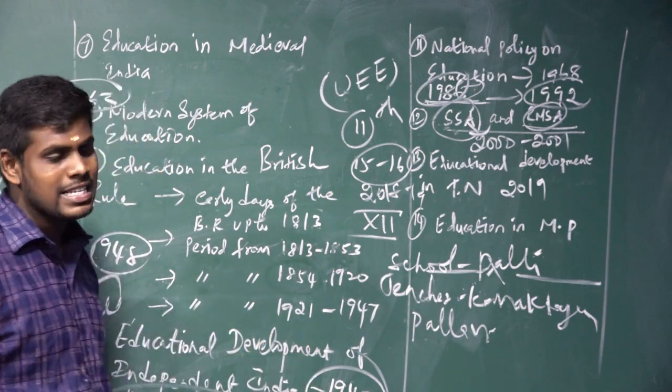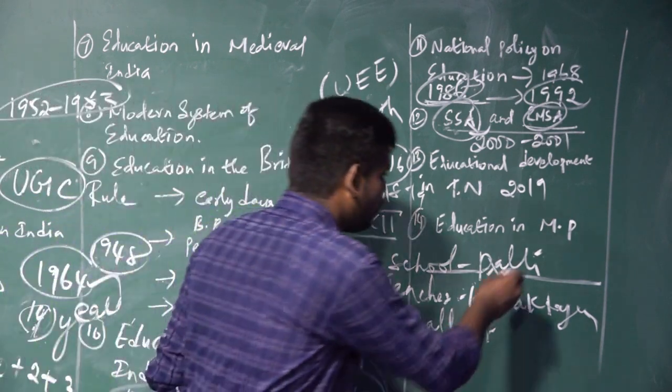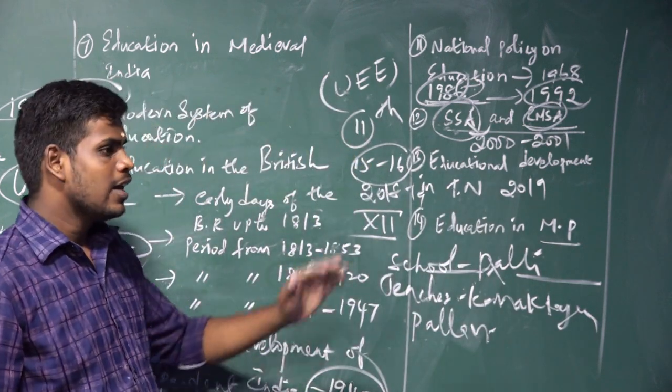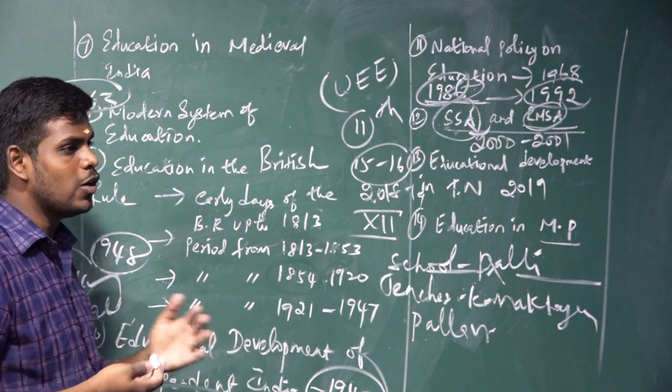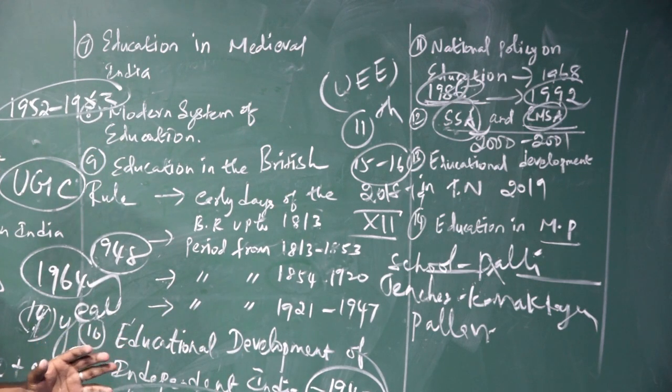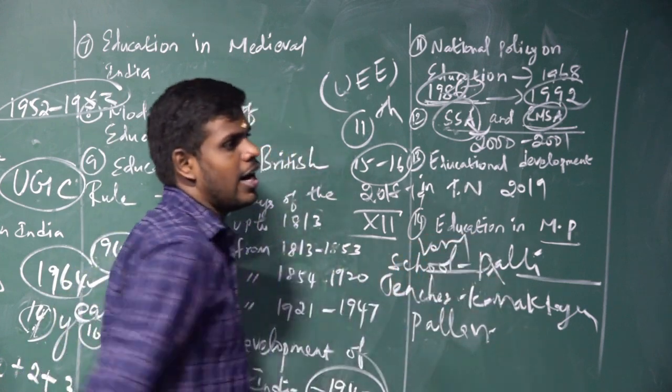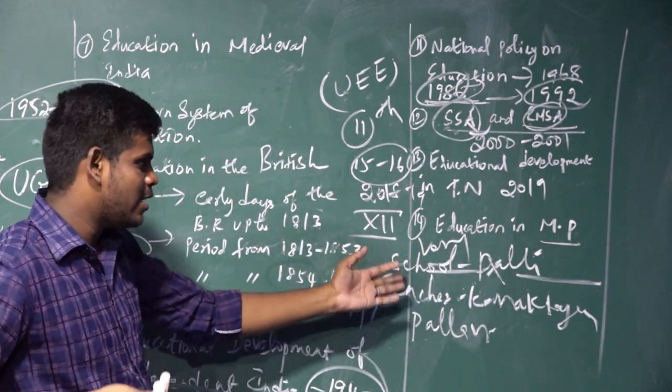The last topic is education in the modern period. So what is education in modern India? Fernandez came to Madurai in the period of Veerappa Nayaka. They established the primary school.